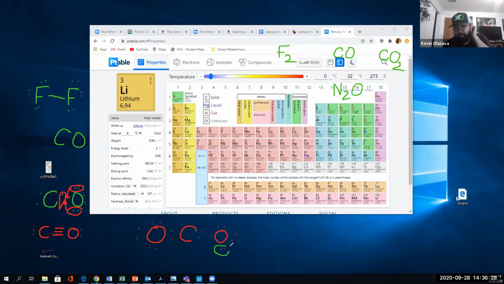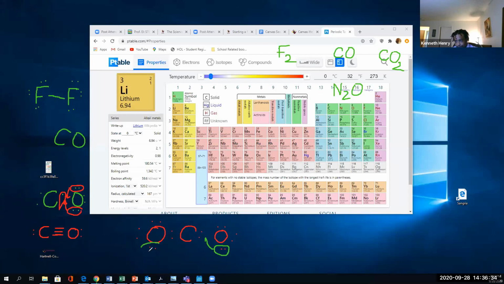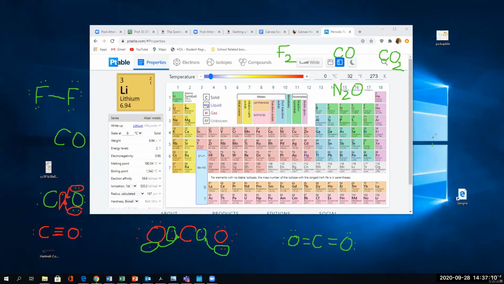So 4 for each side, so you'll have double bonds. Right. And then, of course, we have the 2 here. So then we get piece of cake. Yes. Okay. And then the last one.